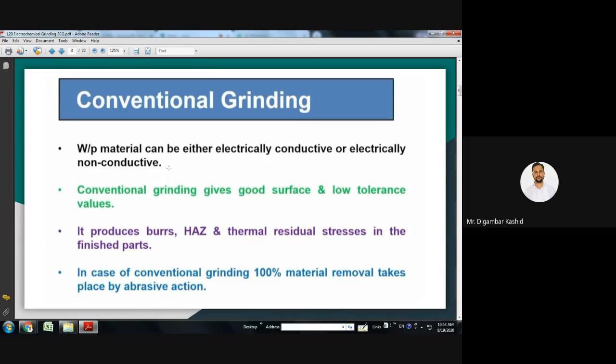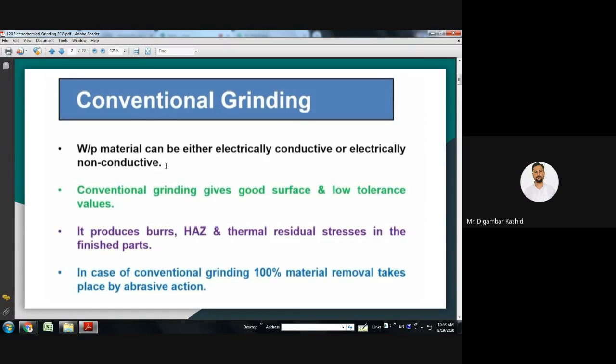The disadvantages are burr formation, heat affected zone, and thermal residual traces on your finished parts. During this conventional process, you can use a conductive or non-conductive workpiece, no problem. There is no condition of electrical conductivity here.